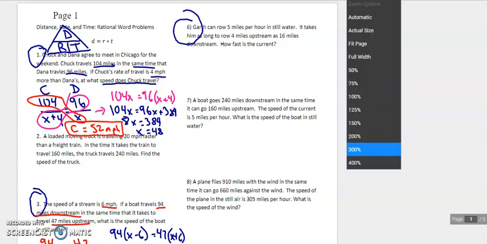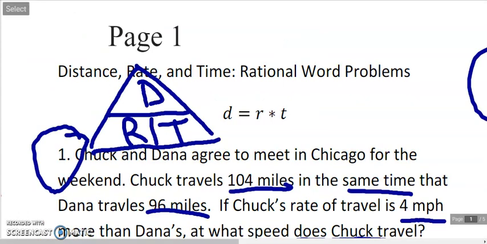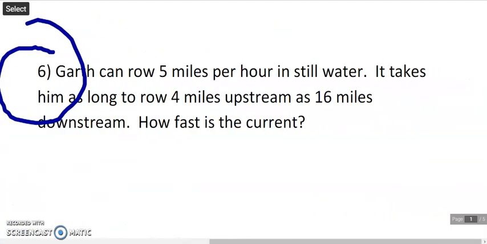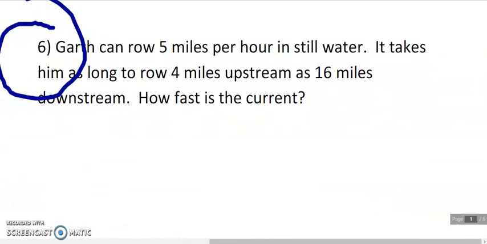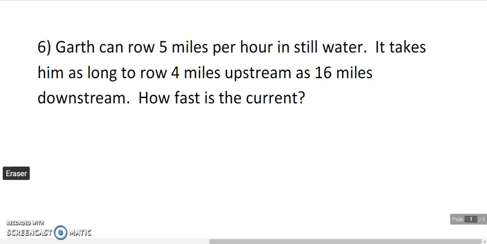All right, let's look at one more of these. Once again, we have a boat traveling in a stream. So Garth can row 5 miles per hour in still water.